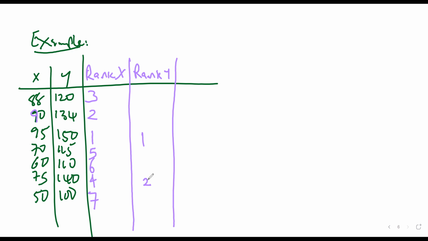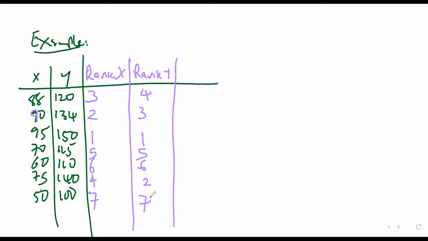Then number 3, number 4, number 5, number 6, there's no change, number 7. So those are the ranks of the 2 variables.